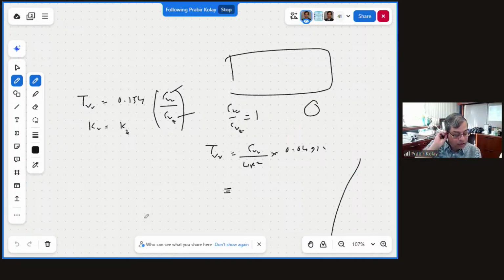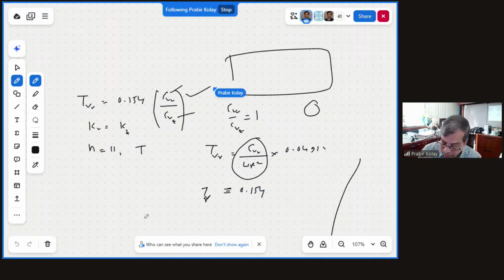Now for the isotropic case, what are the things you need to check? N is equal to 11, which is given.